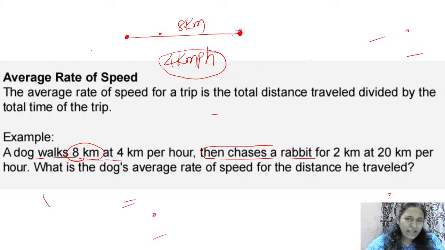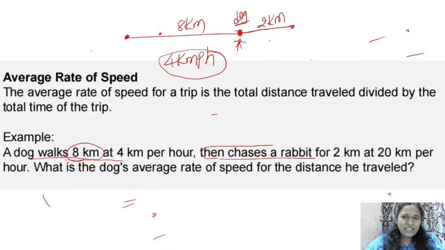Then after those 8 kilometers, there is a rabbit here. The dog chases it. The dog is here now. What is this dog doing again? This dog chased the rabbit for 2 kilometers. It went up to 2 kilometers.